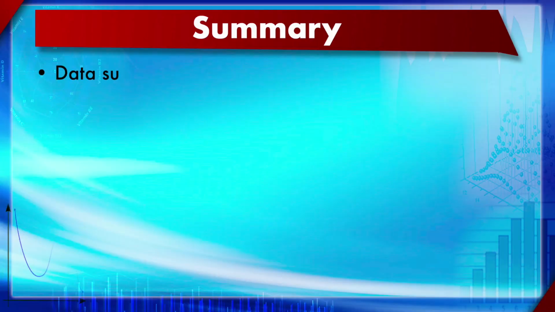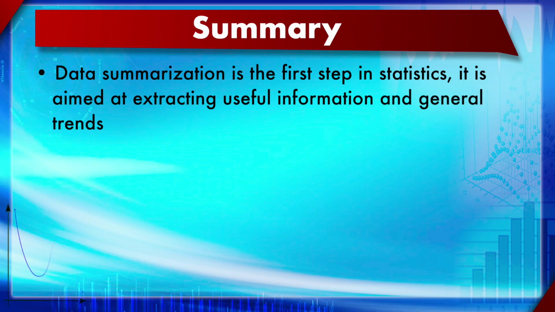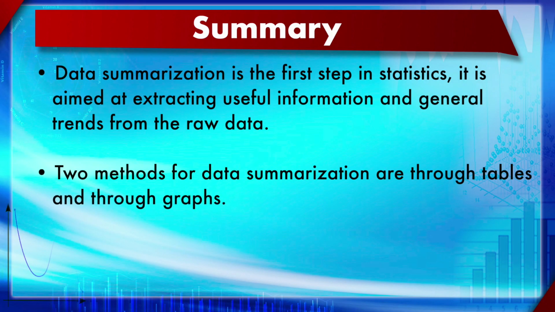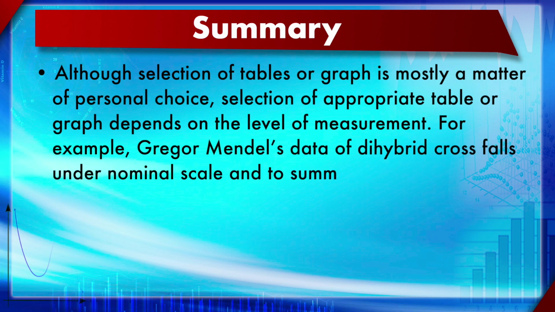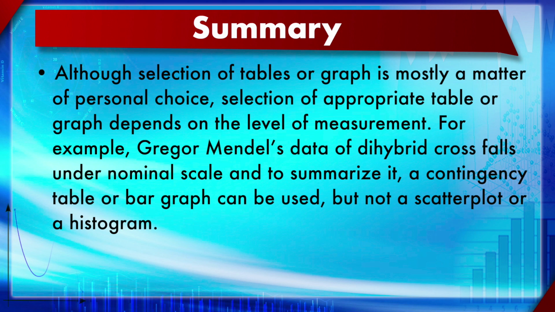So, in summary, data summarization is the first step in statistics. It is aimed at extracting useful information and general trends from the raw data. Two methods for data summarization are tables and graphs. Although selection of a table or graph is mostly a matter of personal choice, selection of the appropriate table or graph depends on the level of measurement.